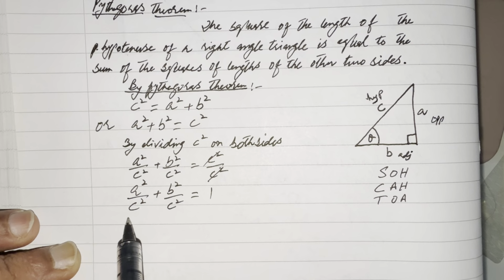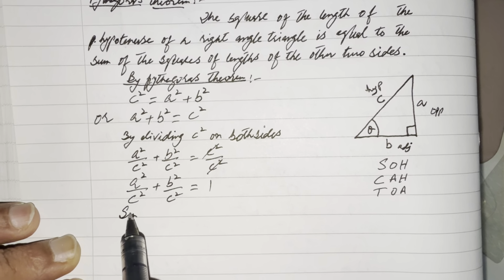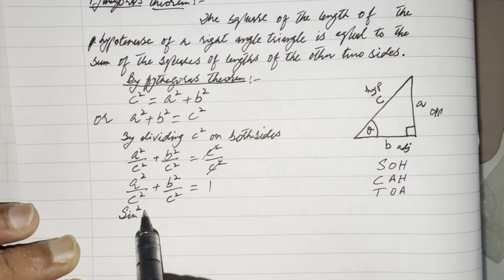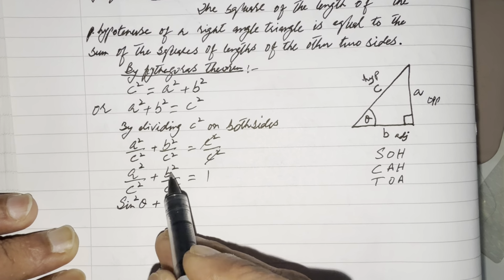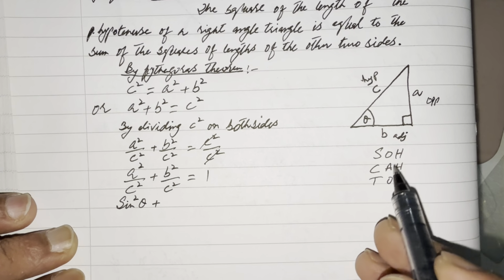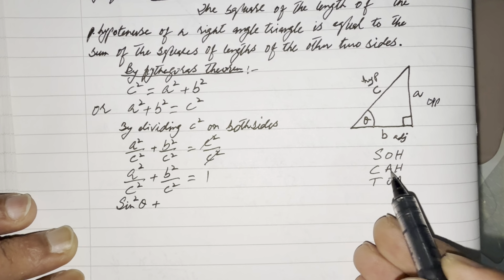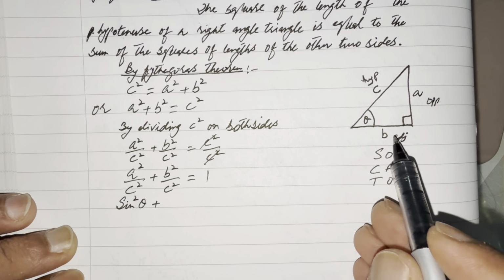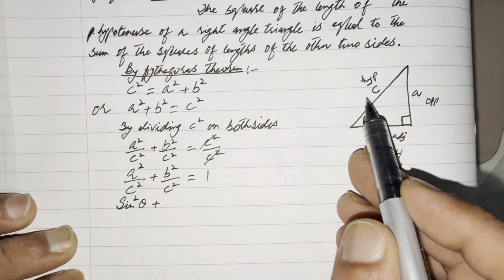So we are going to write sine square theta, as the angle is given as theta, plus b square over c square, meaning b is the adjacent side and c is the hypotenuse. So cos, using this word, C for cos, A for adjacent, H for hypotenuse, is the adjacent side divided by hypotenuse.